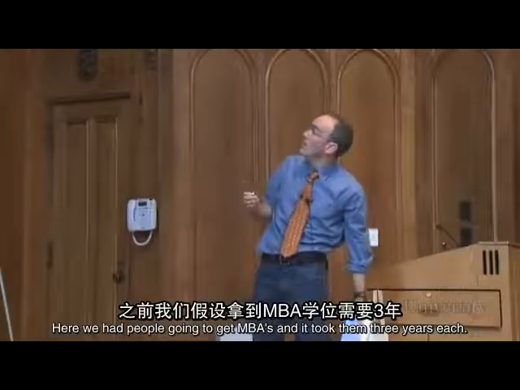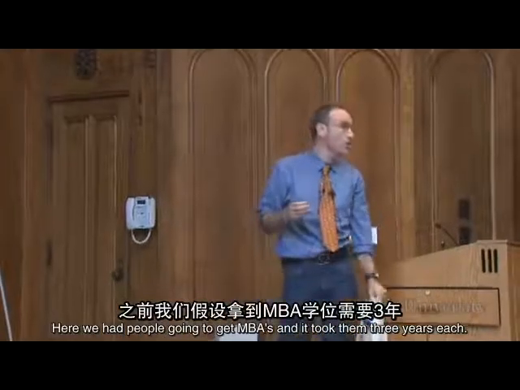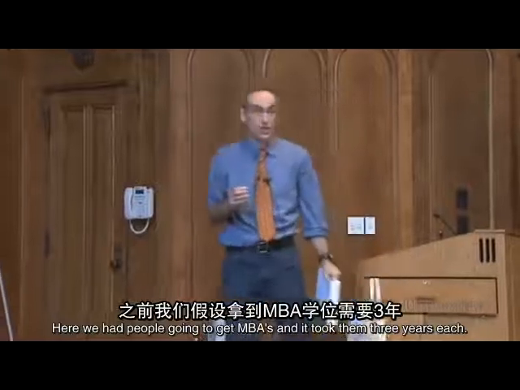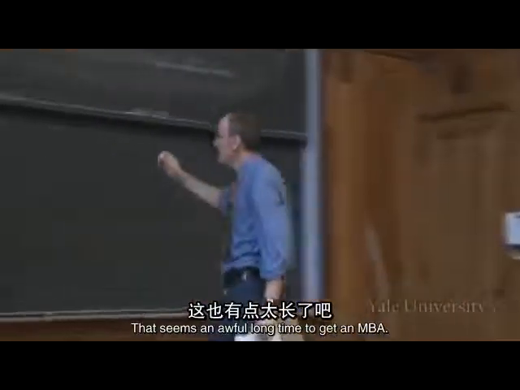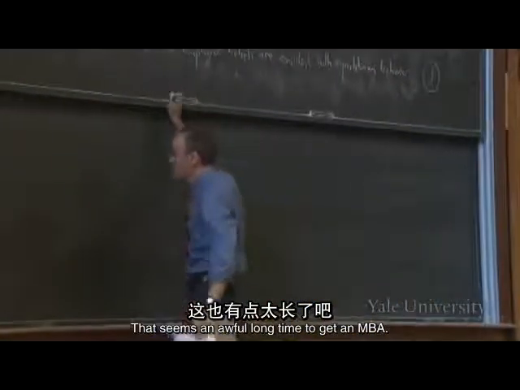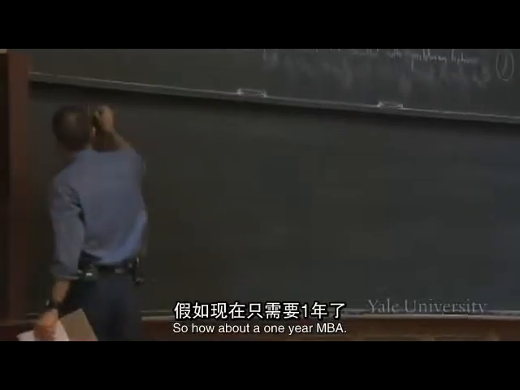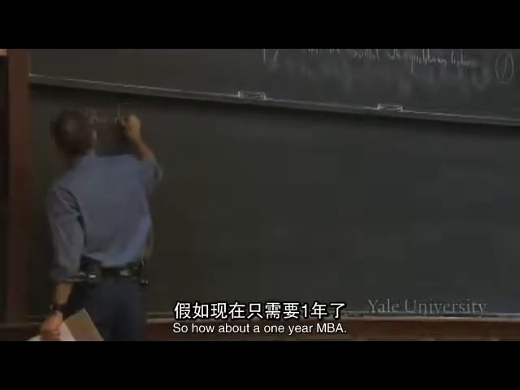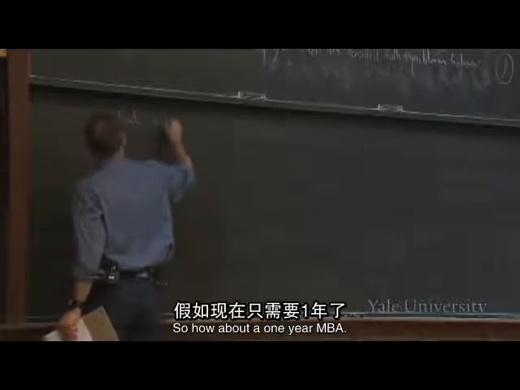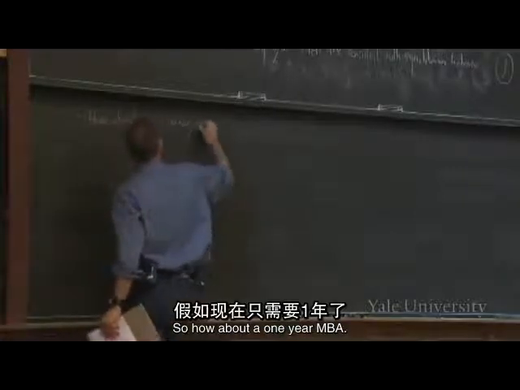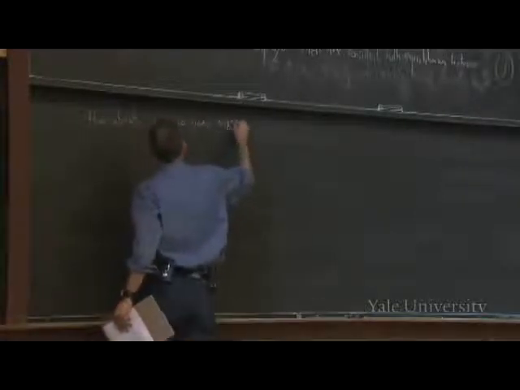Here we had people going to get MBAs, and it took them 3 years each. That seems an awful long time to get an MBA. So how about a one-year MBA?